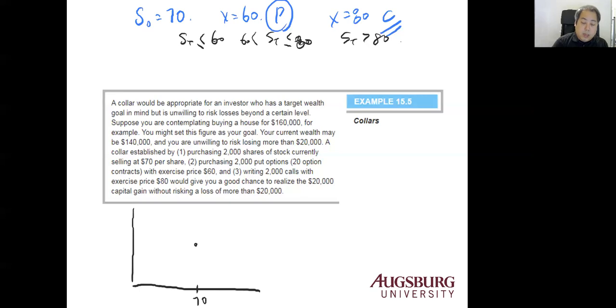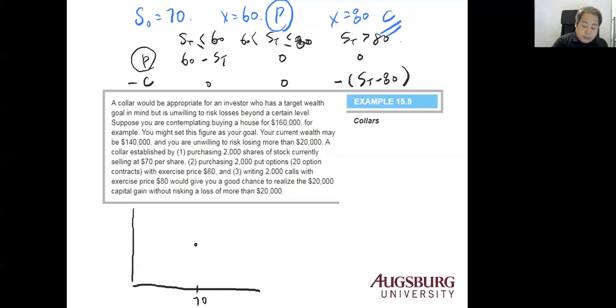You have a put option and a written call option. You basically want to exercise the put option when the stock price is below 60, so the payoff is 60 minus ST. Above the exercise price, you don't exercise it. But the call option will be exercised when the stock price is over $80, so you have ST minus 80.